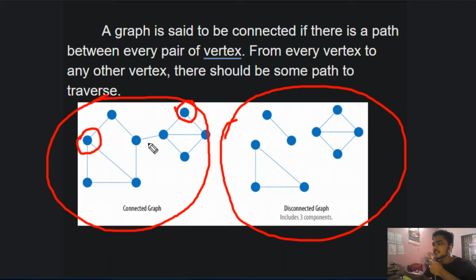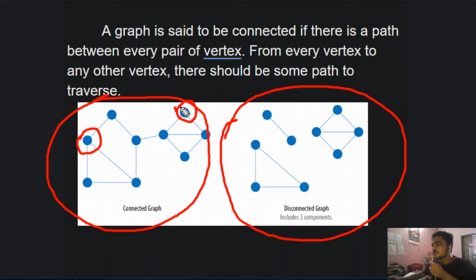We just need an existing path. That means that the graph is connected. This may not be connected to this one directly, but we can go to this node by traversing any path that we have. That's called a connected graph.